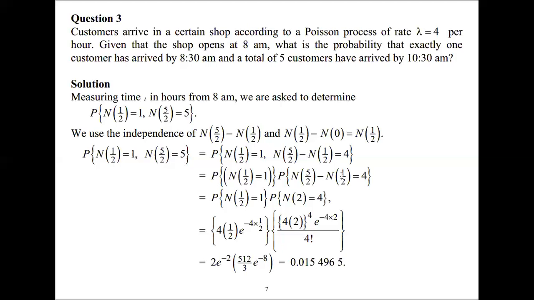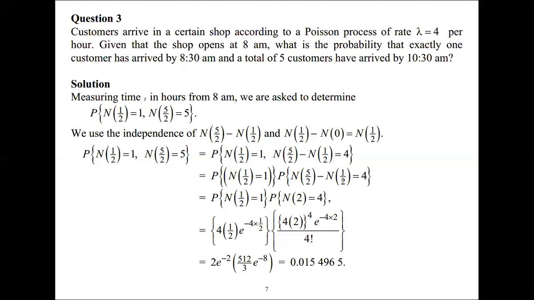Because of independence, we can break it into two probabilities multiplying each other: the probability that n is equal to 1 and the probability that n is equal to 4.